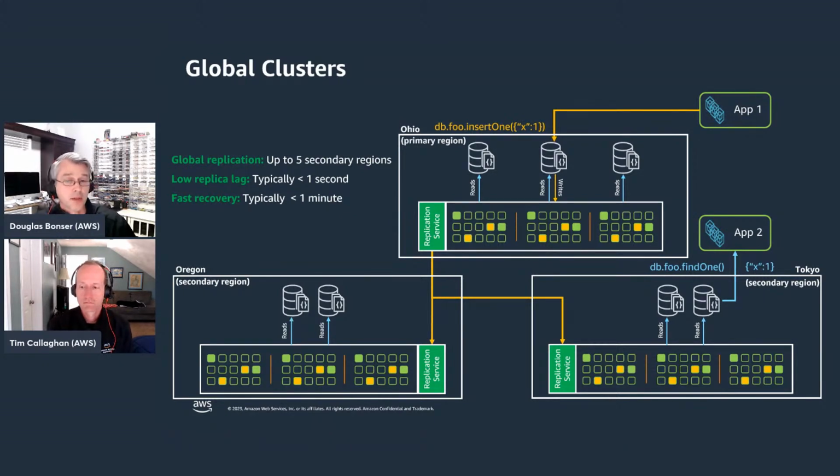Just the way you can scale out a single instance to 15 replicas, if you scale the secondary regions, each of those secondary regions, out to the maximum, you can have 90 global replica instances, all with data, with less than a second replica lag between them. So huge read scale.